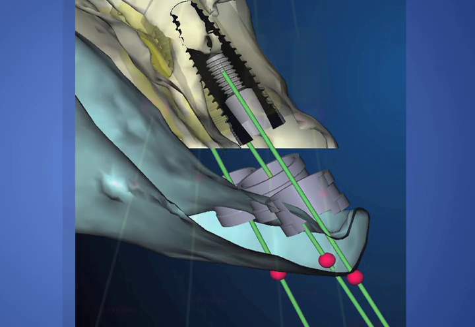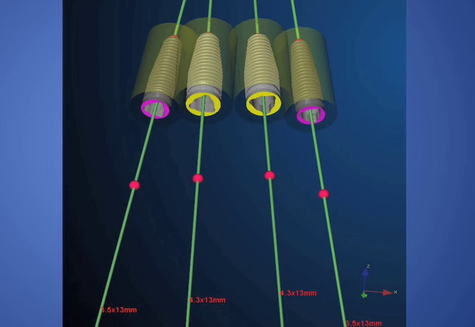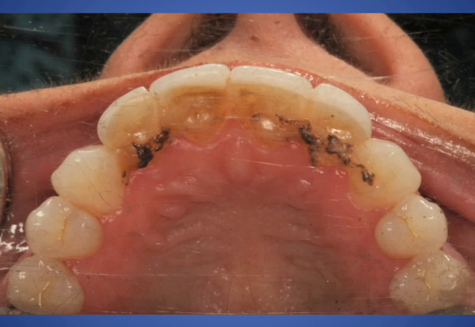And being able to virtually place the implants and determine prosthetic position is a tremendous advantage. We were no longer guessing on where we wanted to place the implants or guessing where the final restoration would be. We knew it all before we ever touched the patient. This view shows the palatal aspect, and you can see that a dentist had splinted those 4 anterior teeth to her cuspid teeth to give her some stability, but those teeth were fairly mobile.